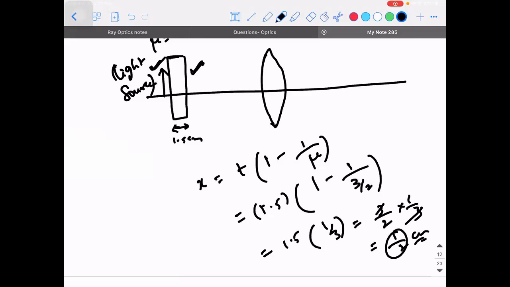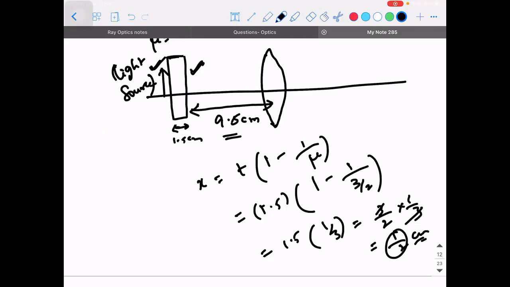Now, where is the actual object? Is it still existing at 10 centimeter? The answer is no, it is existing at 9.5 centimeter.